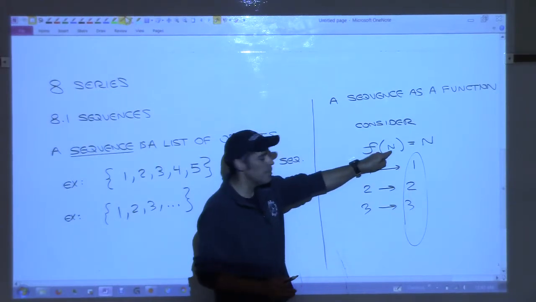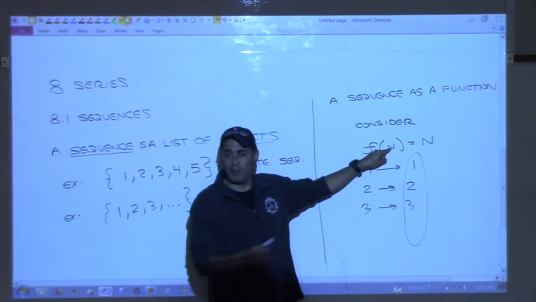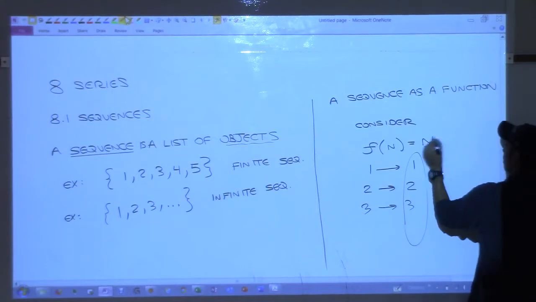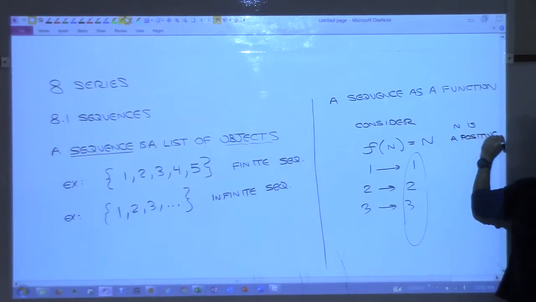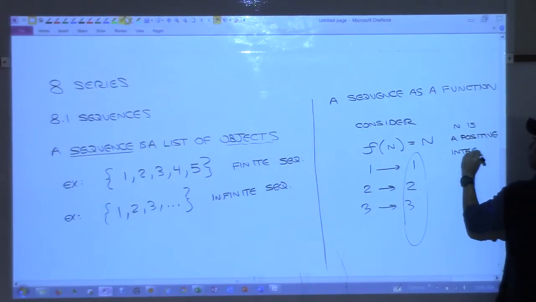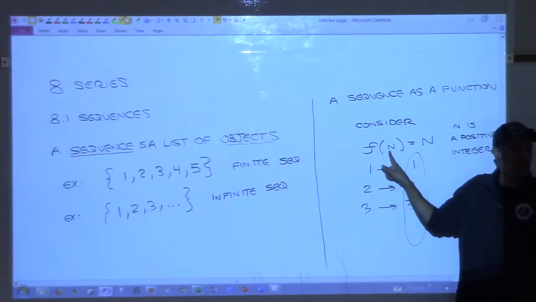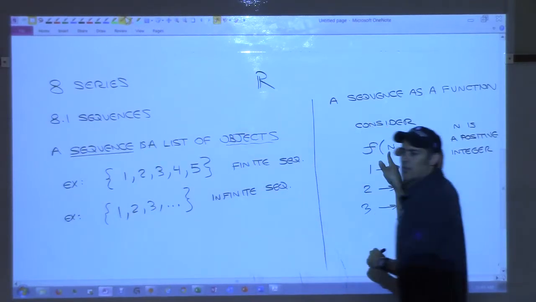That's why I changed my variable from x to n. Because when it's x, we all understand that can be any number, right? But if I change this to n, then there's an understanding here that n is a positive integer. What are the positive integers? 1, 2, 3, 4, 5, 6, 7, right? So if it was x, it was a real number, we could say x belongs to that set, right?